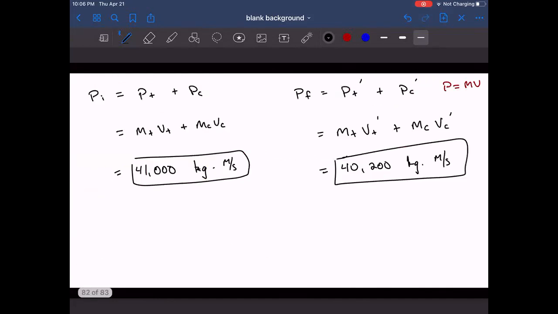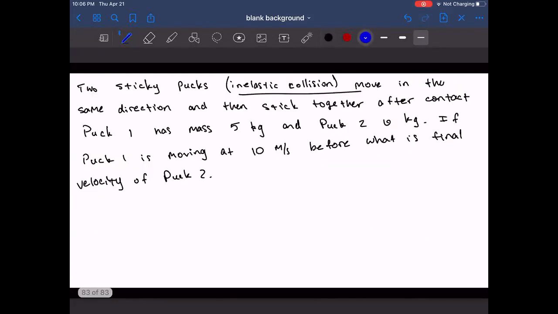We say the momentum is conserved of the system. And so we want the final velocity of the system, because remember they're sticking together. So after they connect, there's no puck one and puck two. You treat them as the same.